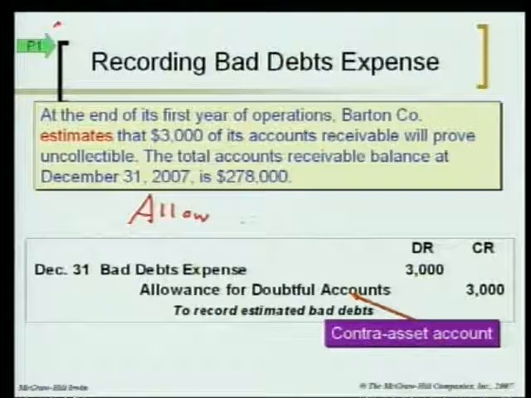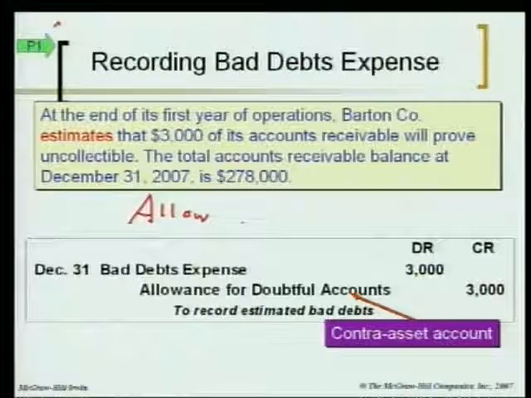Accumulated depreciation. Now, an asset account is a normal debit balance, correct? Contra means on the other side of. So a contra asset is a normal credit balance account. The asset's a debit, but this is a contra asset, so it's a credit balance account. Okay? So this is the way we estimate bad debt expense.